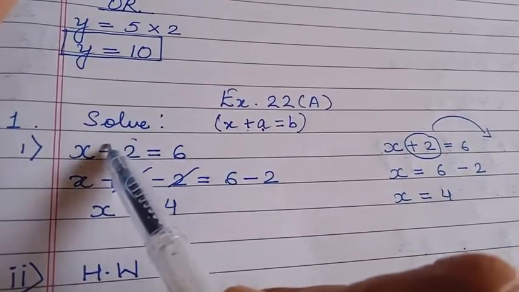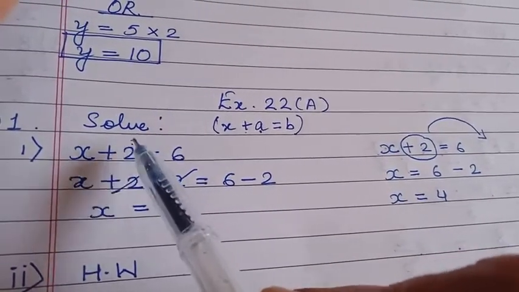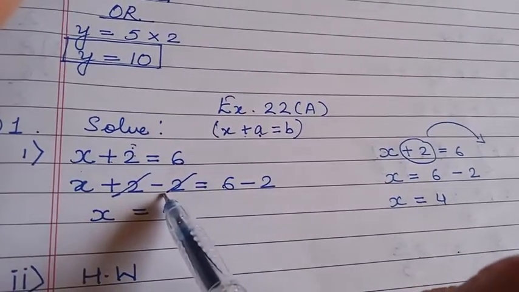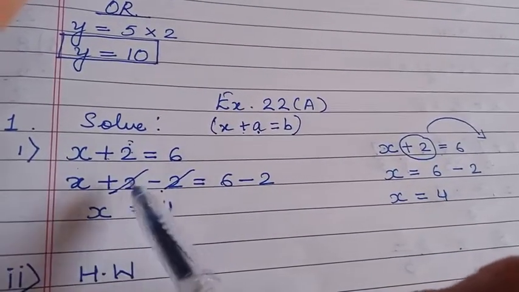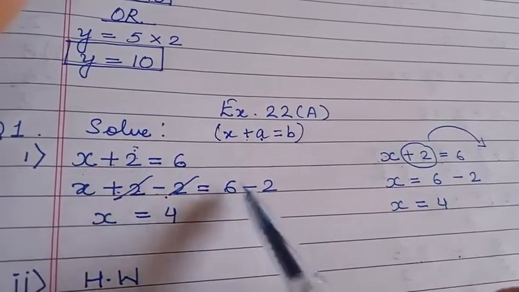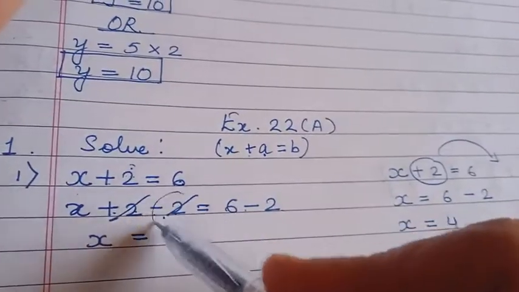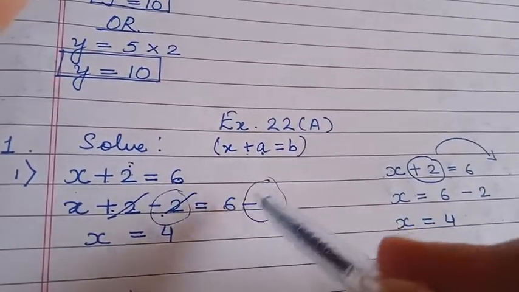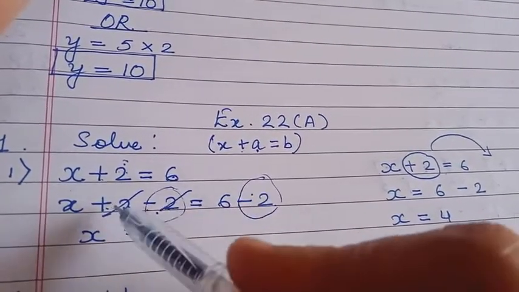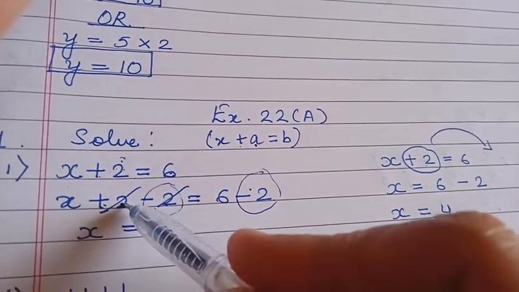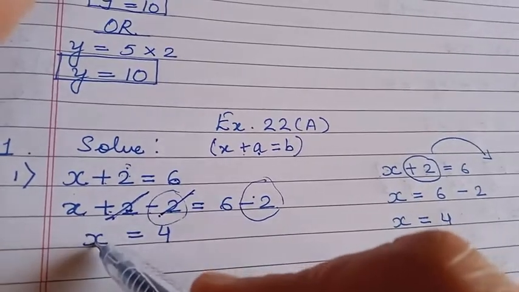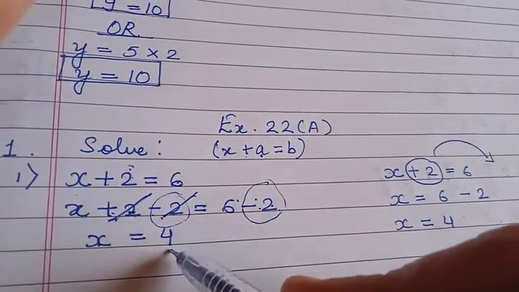I told you I don't want plus 2 here. So since plus 2 is there, I'll write its opposite integer. So x plus 2 minus 2 is equal to 6 minus 2. I have written this minus 2 on LHS and RHS so that this plus 2 gets cancelled. So plus 2 with minus 2 gets cancelled. I get only x, and 6 minus 2 is 4.